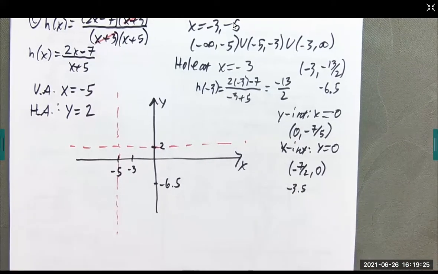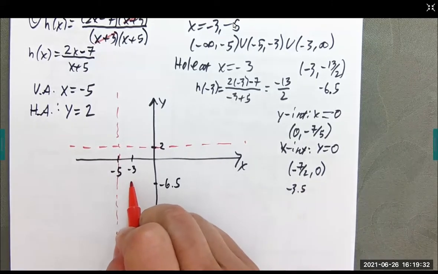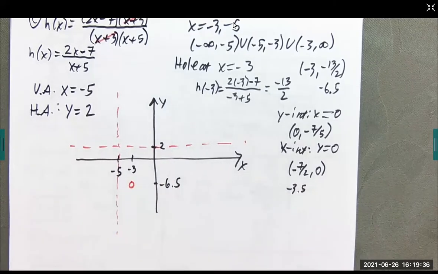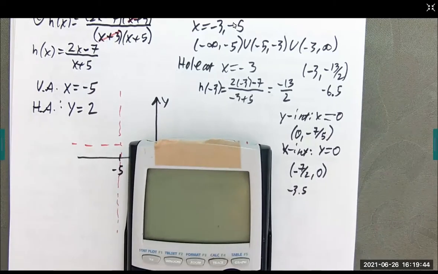So let's put those in as well. Let's put the hole in first. So our hole will go right there. Also, our y-intercept is -7/5. Let's see what that looks like. 7 divided by 5, 1.4.